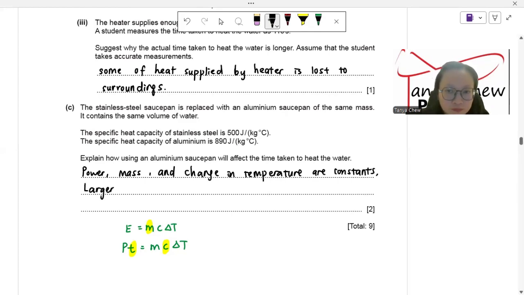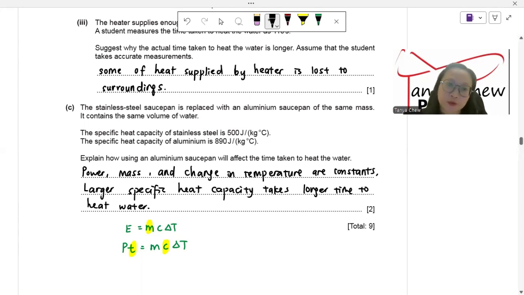Larger specific heat capacity takes longer time to heat the water.